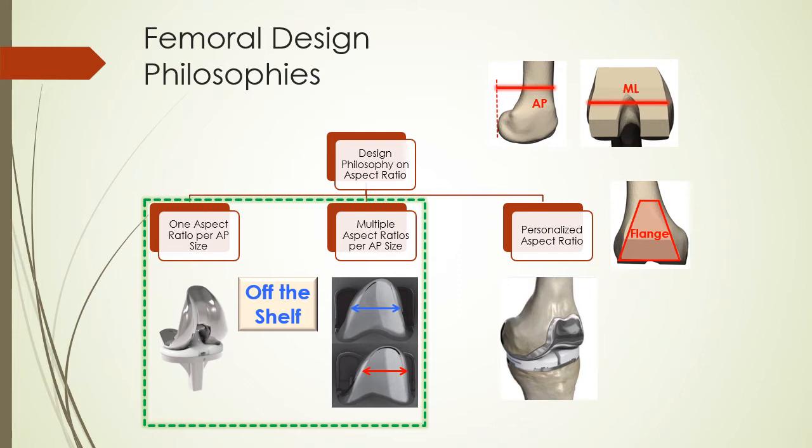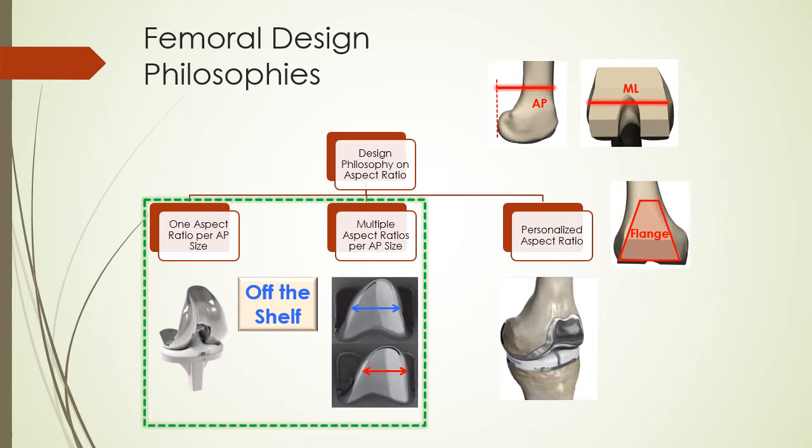That's a perfect example. For the same AP size, you have 2 components in this case, each with a different ML. And of course, personalized AP aspect ratio will be one of the solutions as well, although high cost, but that will probably guarantee a very good restoration of the native aspect ratio.